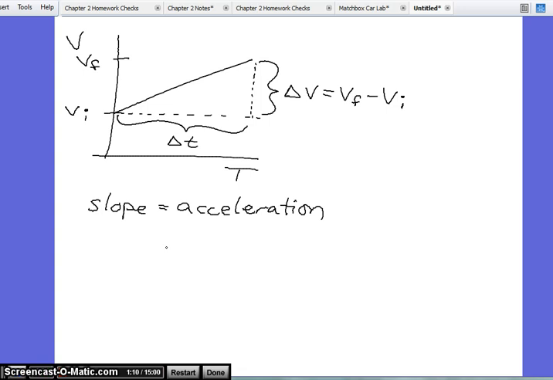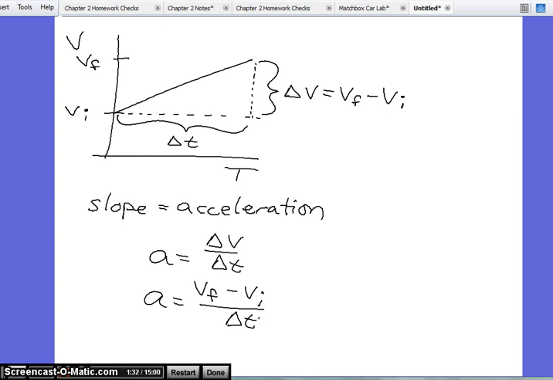And so acceleration, which is A, is rise over run, delta v over delta t. And that is our first equation. Now we can rearrange this by saying A is vf minus vi over delta t.